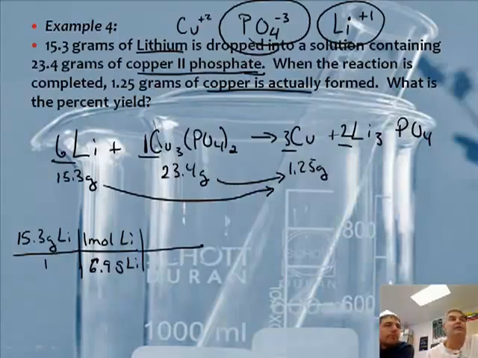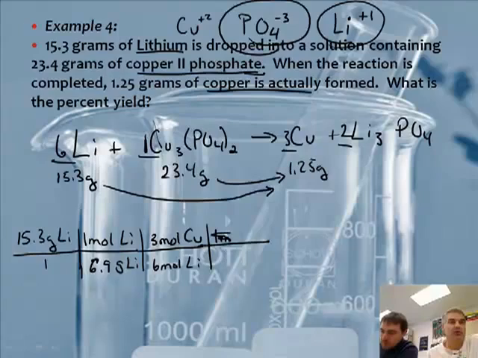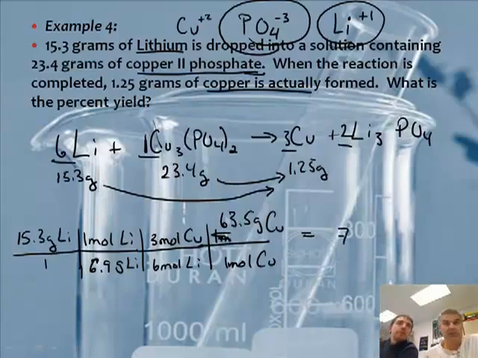And then we say 6 moles of lithium to 3 moles of copper, and then 1 mole of copper to 63.5 grams of copper. And I get 70.4 grams of copper.